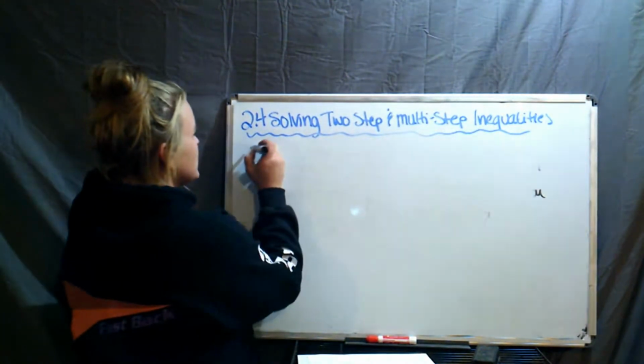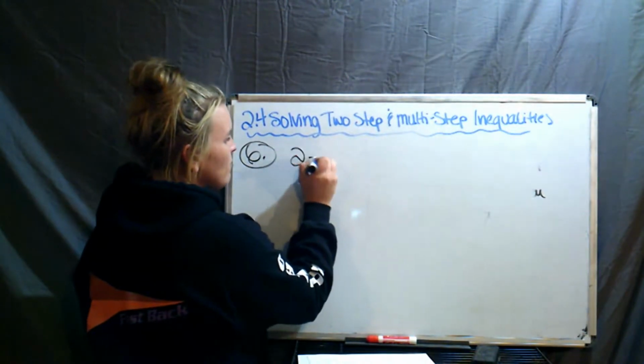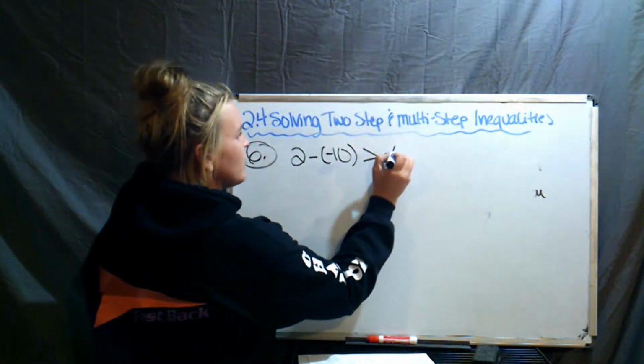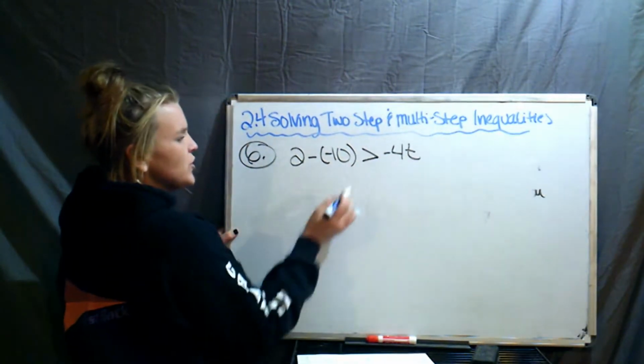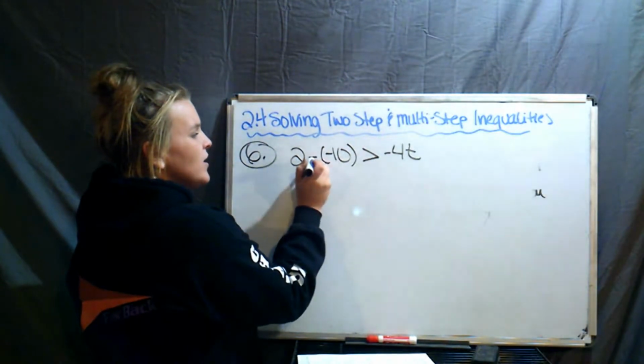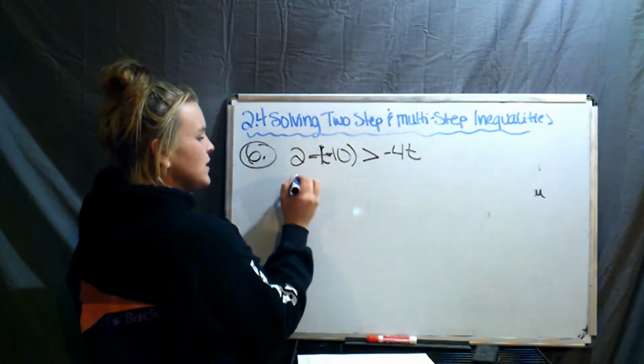So number 6 this is for. Number 6, 2 minus negative 10 is greater than negative 4t. So I need to just combine my like terms here because you see minus negative 10, we can change that to a plus sign.